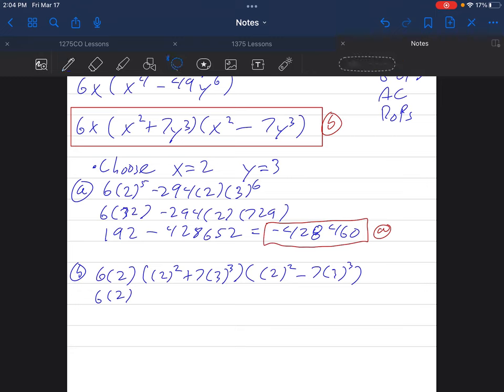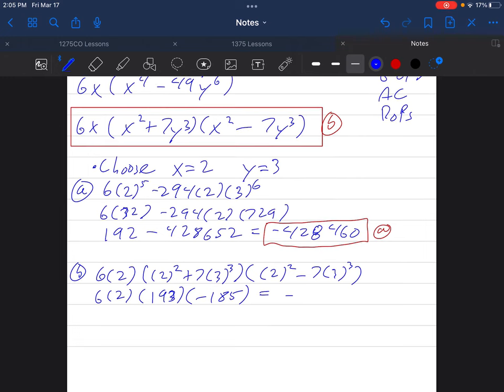On the inside of the parentheses, this is going to be 4 plus 3 to the 3rd power, which is 27 times 7. All of that put together is going to equal 193. And then on the other side, negative 185 is the result of 4 minus 7 times 27.